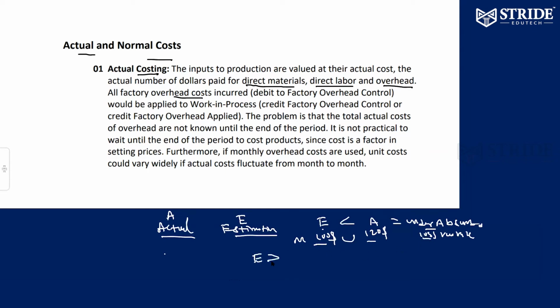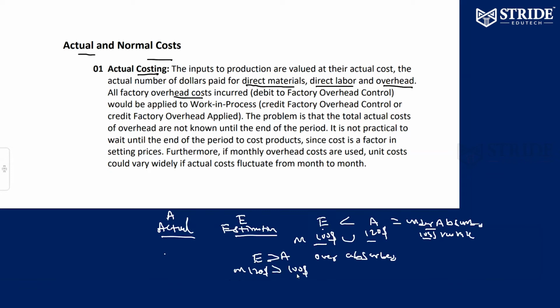Suppose the estimated cost is more than actual, it is called over absorption. Material, labor, overheads, same concept. Suppose the estimated material cost is $120 and the actual is, for example, $100.